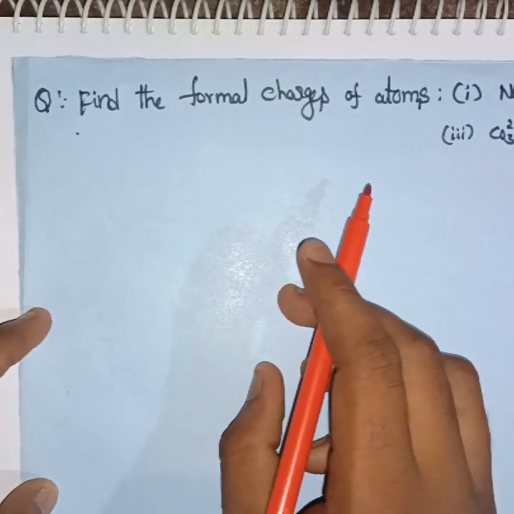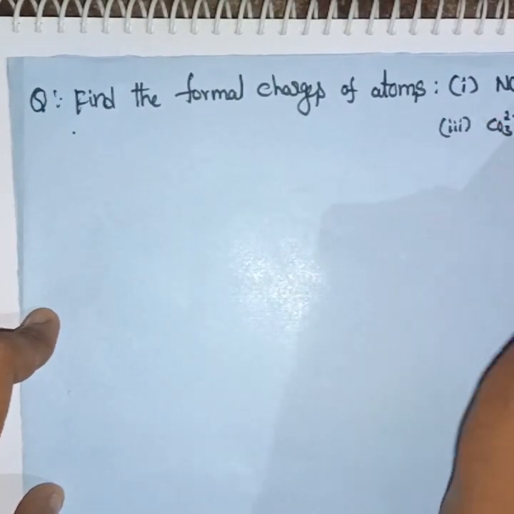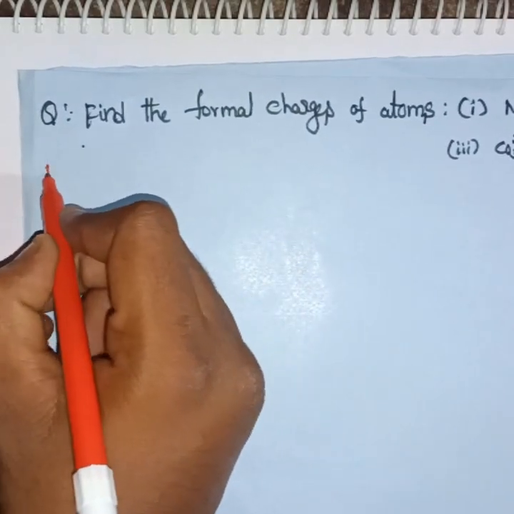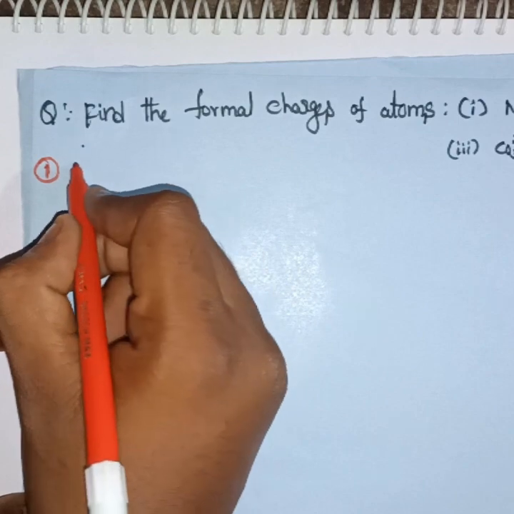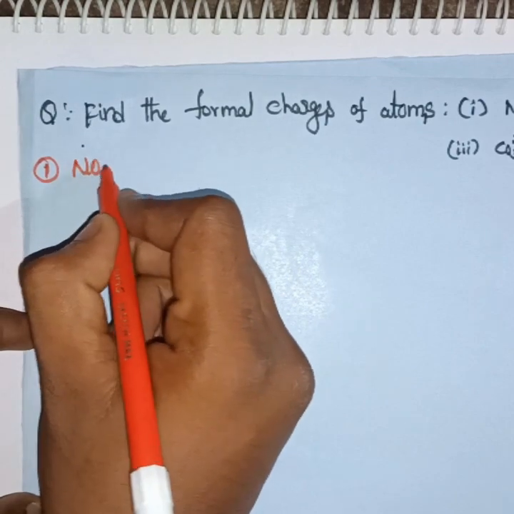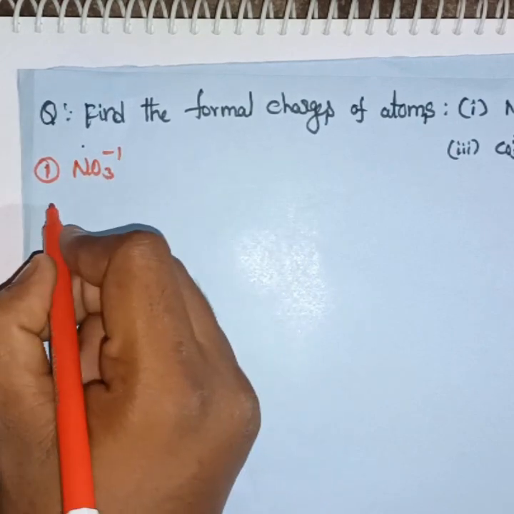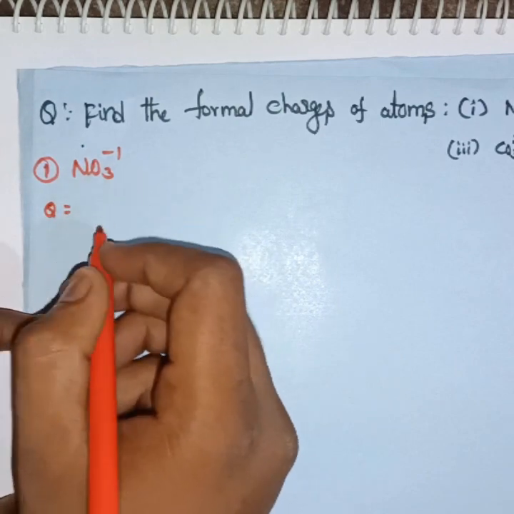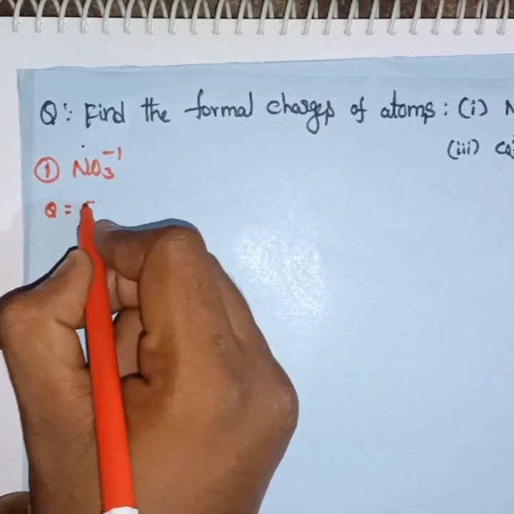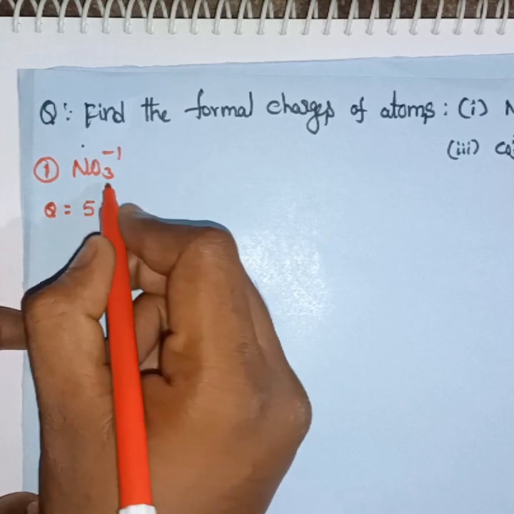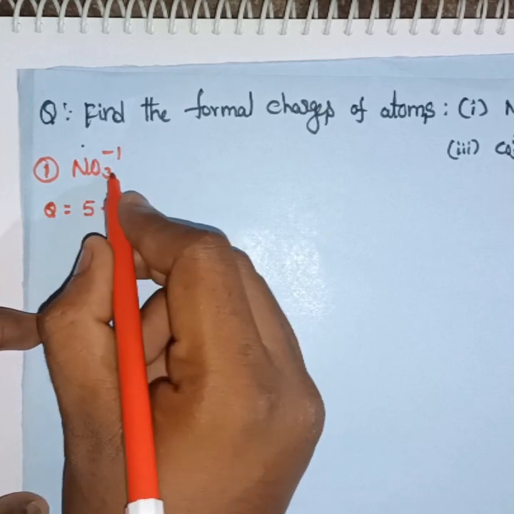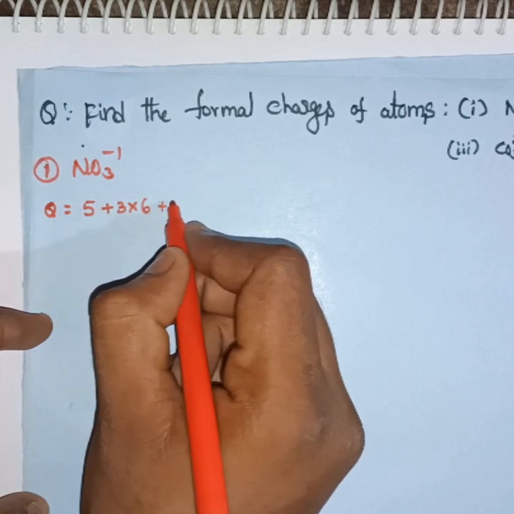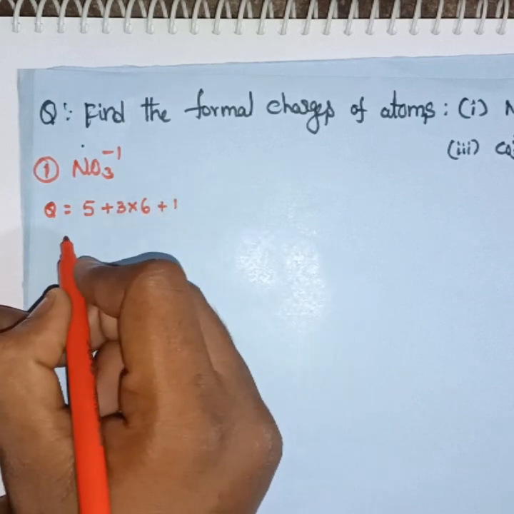Let's find out the formal charges for the atoms of polyatomic ions. First one, for NO3 minus 1. We have to find first the total number of electrons in the ion. That is, nitrogen has 5 valence electrons, oxygen has 3 into 6 valence electrons, and the negative charge to be added.